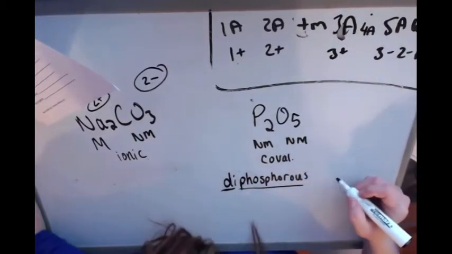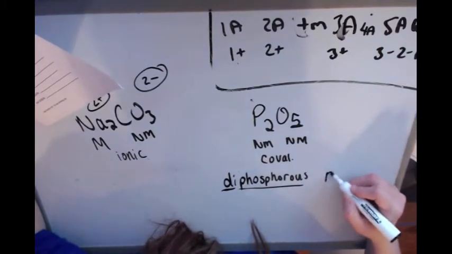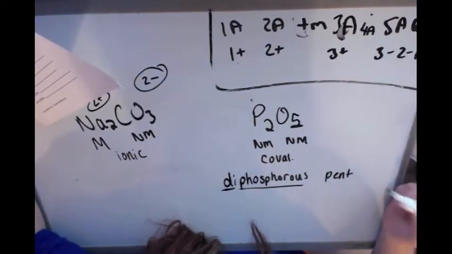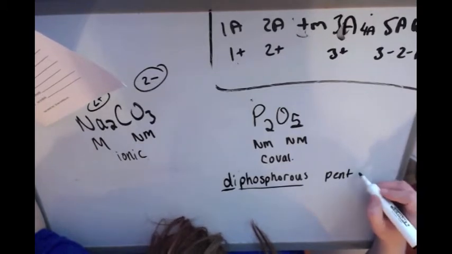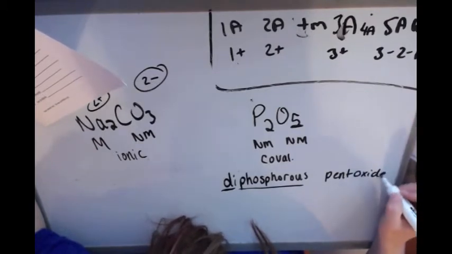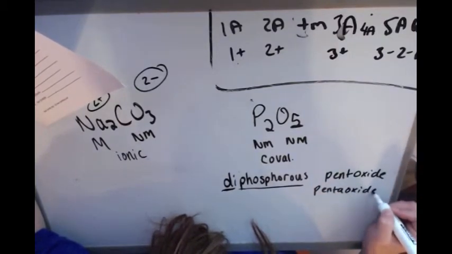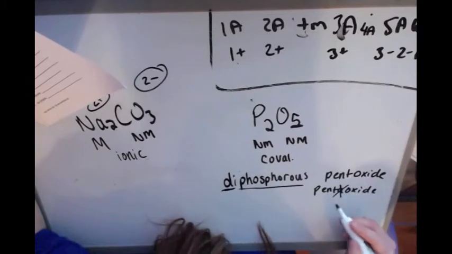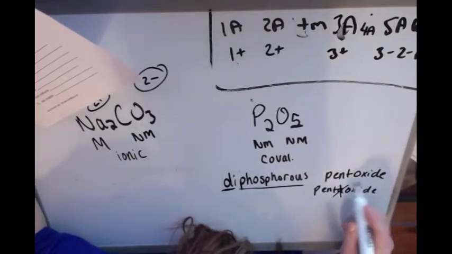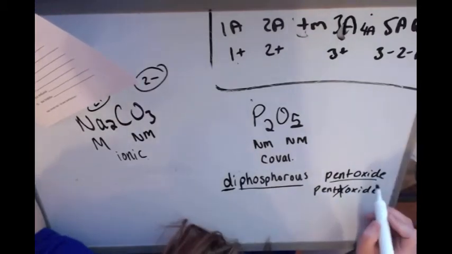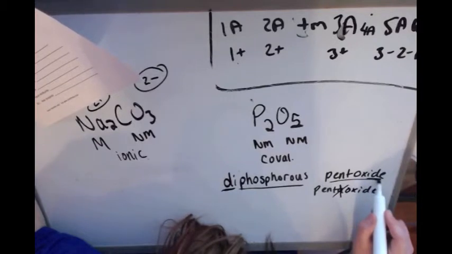Diphosphorus. And then we write this prefix for 5, pent, for like pentagon. And then oxygen, we write pentoxide. A common mistake here is to write pentaoxide. I guess it's because it's 2 vowels side by side. You don't need that A. You just need pentoxide. And so notice that the rightmost atom listed becomes "-ide".